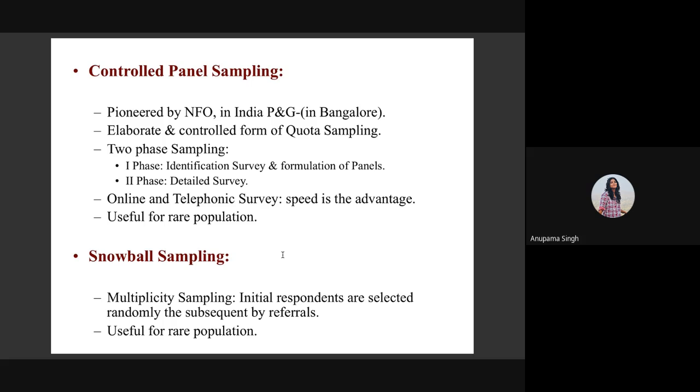So what we do is we choose the initial respondent at once. We know that in a particular section or in a particular hospital there are particular HIV patients.